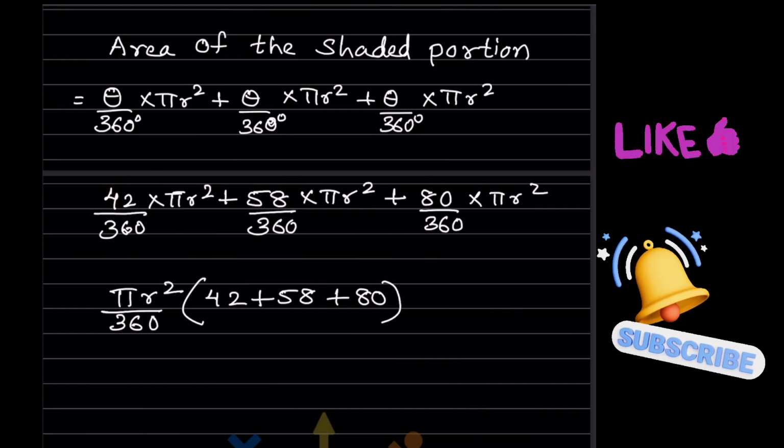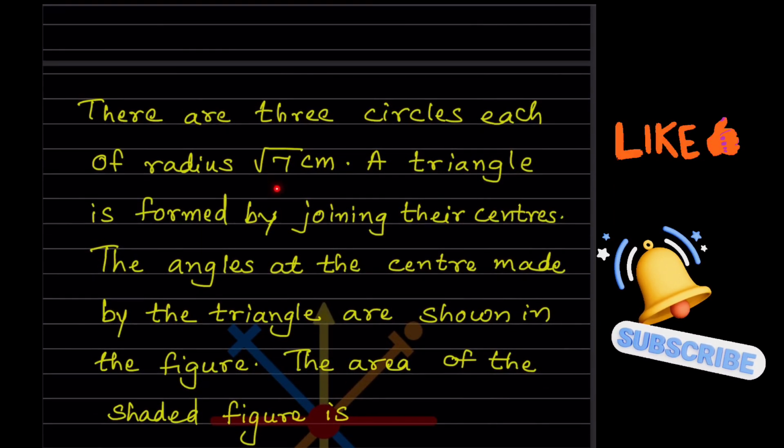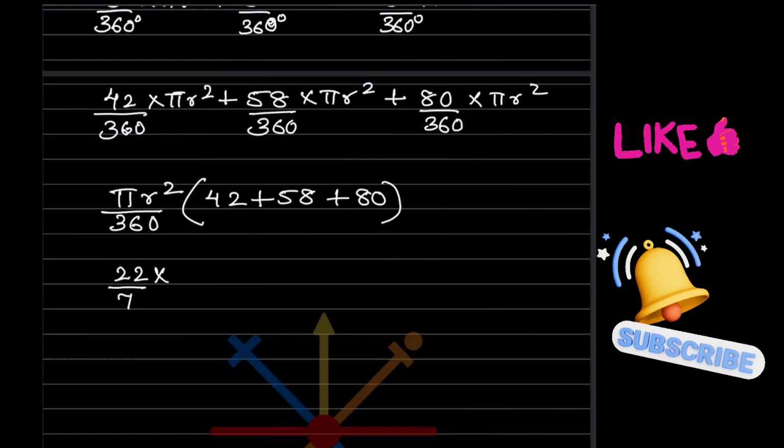Now we know the value of pi is 22 by 7, and the radius is given as √7. We have r square, so we will write √7 square, and here we have 360.